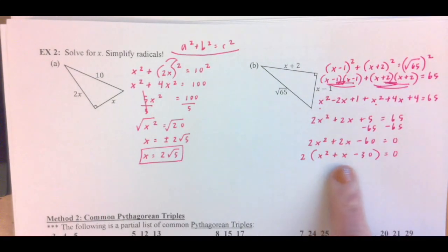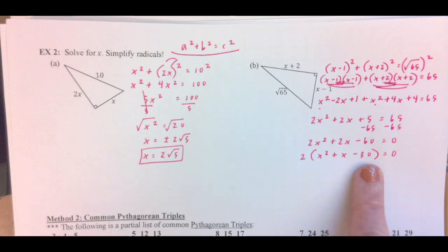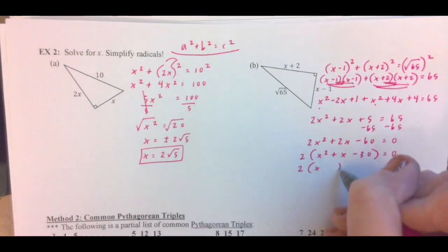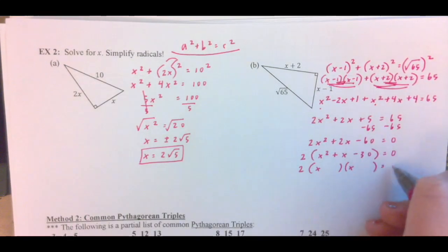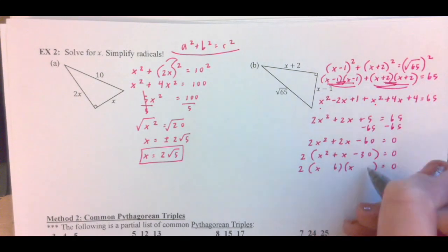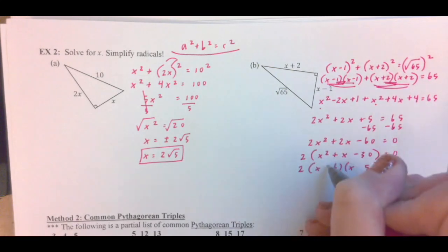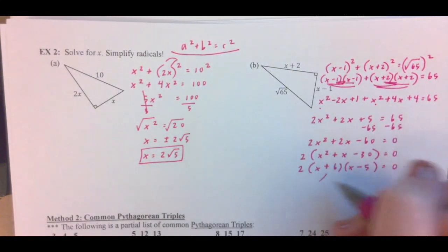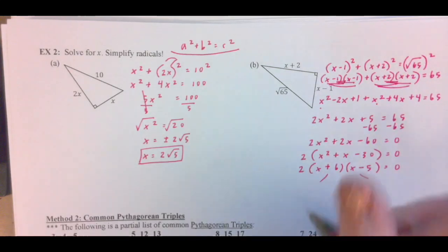Okay, here, basic quadratic trinomial, what multiplies to negative 30 that adds to 1? Right, we know it's got to be 6 and 5. And the 6 is the positive, the 5 is the negative. Set each factor equal to 0 and solve.